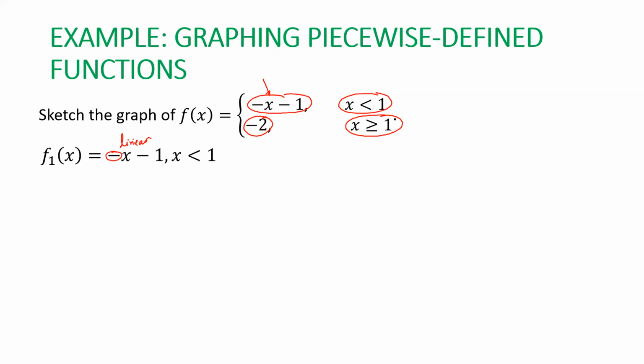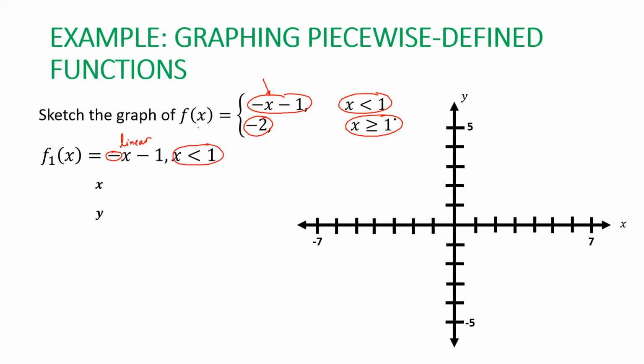Now, in order to graph a line, we only need 2 points. Since this function is defined on the interval x is less than 1, we will be constructing a table of values. First, since the boundary is 1, even if it is not included in this interval, we have to use it as a boundary point.